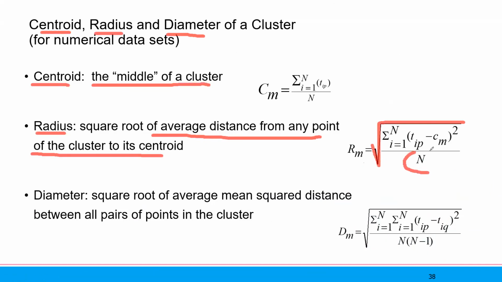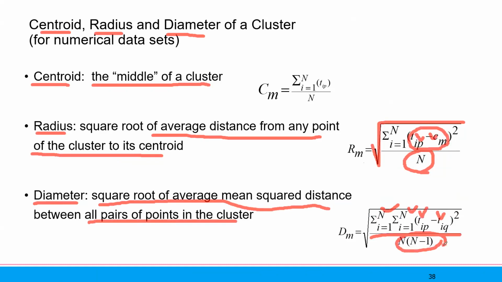So we just divide with the n, which is the number of data, and then we want to find the distance from any point to the centroid. The diameter means square root of average mean square distance between all pairs of points in the cluster. So we want to check the distance between points, and then we will do the summation, and then again we divide with the number of the data.